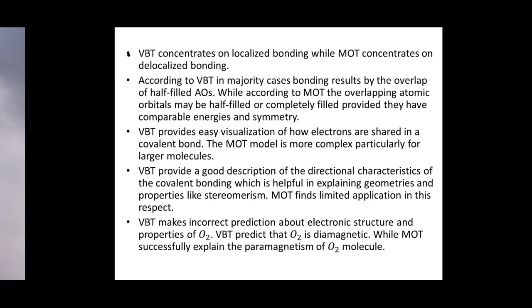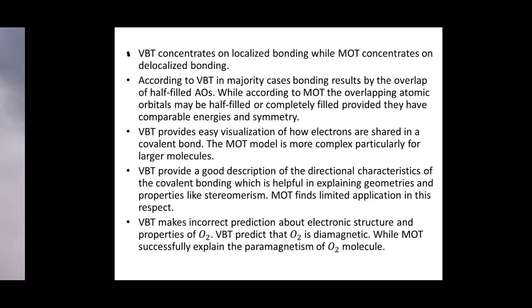Then VBT provides easy visualization of how electrons are shared in a covalent bond. The MOT model is more complex, particularly for larger molecules. VBT provides a good description of the directional characteristics of covalent bonding, which is helpful in explaining geometries and properties like stereoisomerism. MOT finds limited application in this respect.